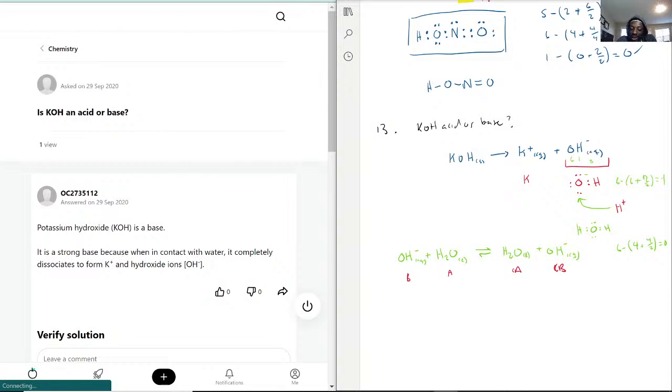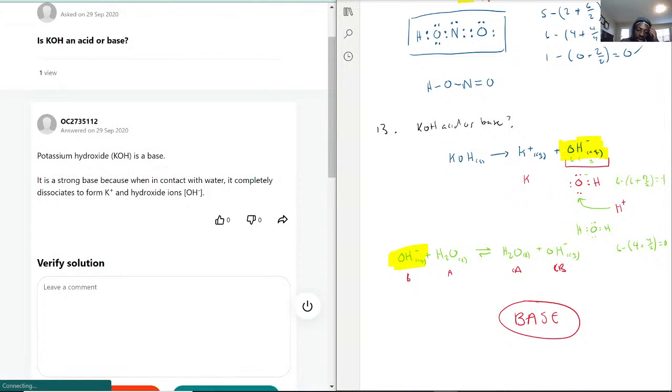The reason I drew it like this is that since KOH dissociates to form OH minus hydroxides, and the hydroxides react with water to form this, that follows in both examples the Bronsted-Lowry definition of a base, and the K is not doing anything other than just being an ion in the solution. In total, this makes KOH a base because its constituent, specifically the hydroxide, is working as the base in this situation.